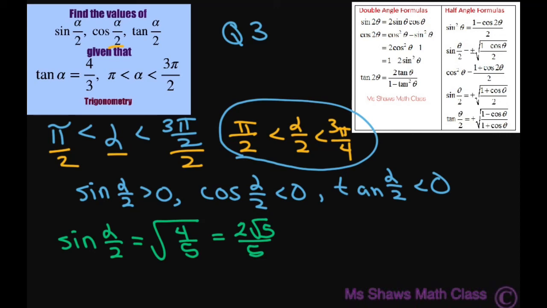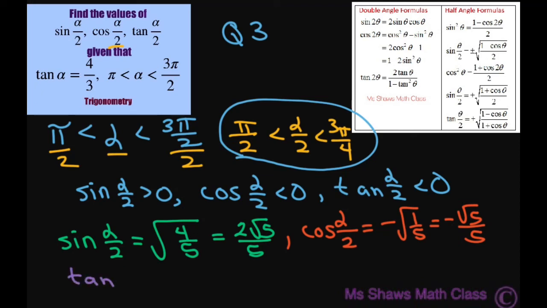All right, cosine of alpha divided by 2, you put the negative in front. That's going to be square root of 1/5, which equals negative square root of 5 divided by 5. And finally, our tan of alpha divided by 2, that's going to be negative square root of 4, which equals negative 2.